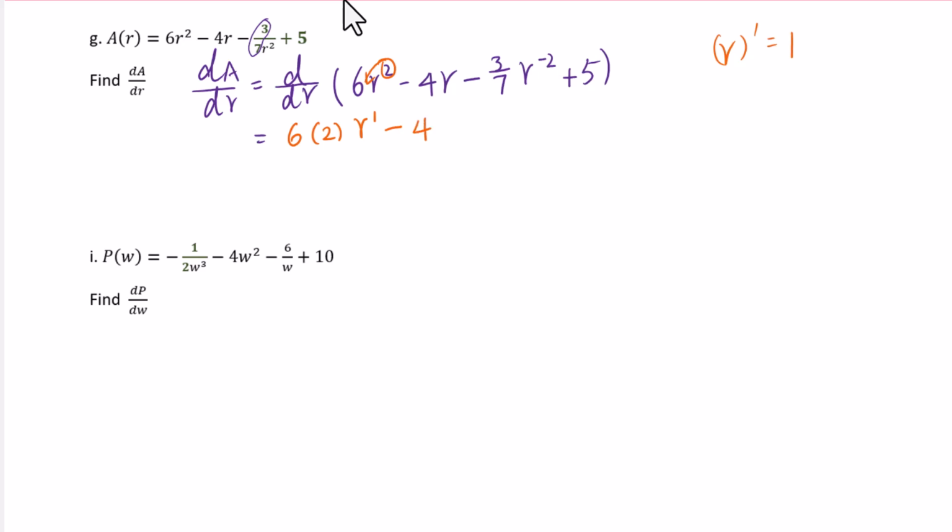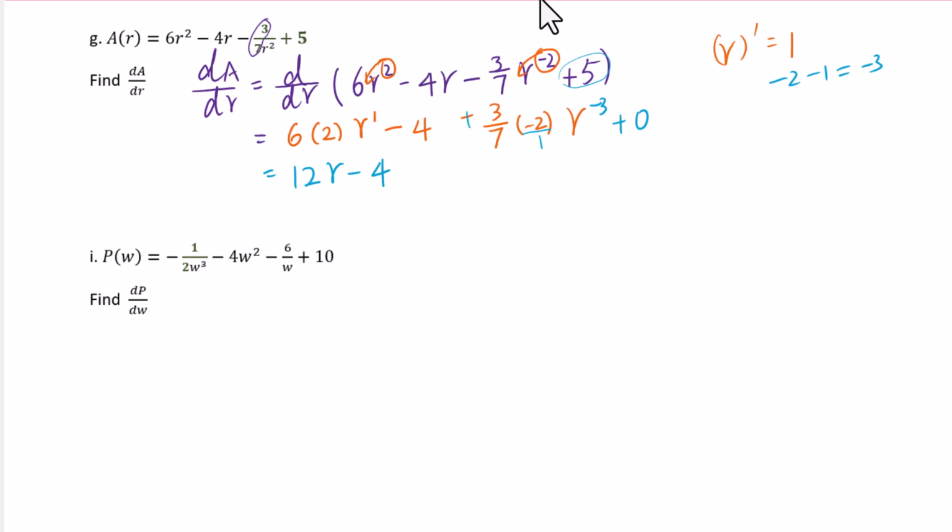So minus 4, minus 3 over 7. Drop down this negative 2: r to the negative 2 minus 1 equals negative 3. Then constant number prime is 0. Organize: equals 12r minus 4 over 1.